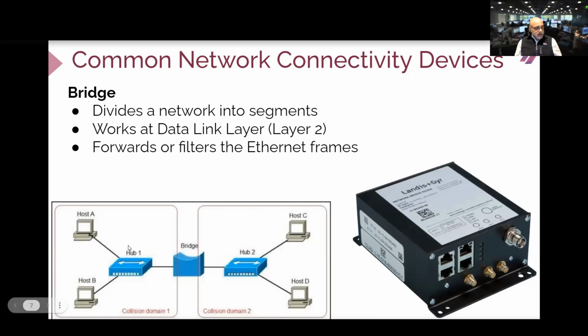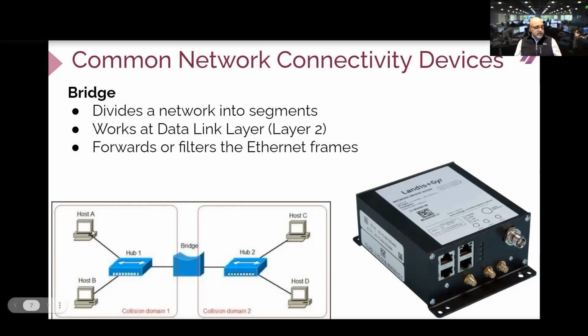So the bridge knows which hosts are on the right side and which hosts are on the left side. So it's working at layer 2 this time. If there's traffic that needs to go from host A to, let's say there was another host here, call it B1, and another one here called A1.